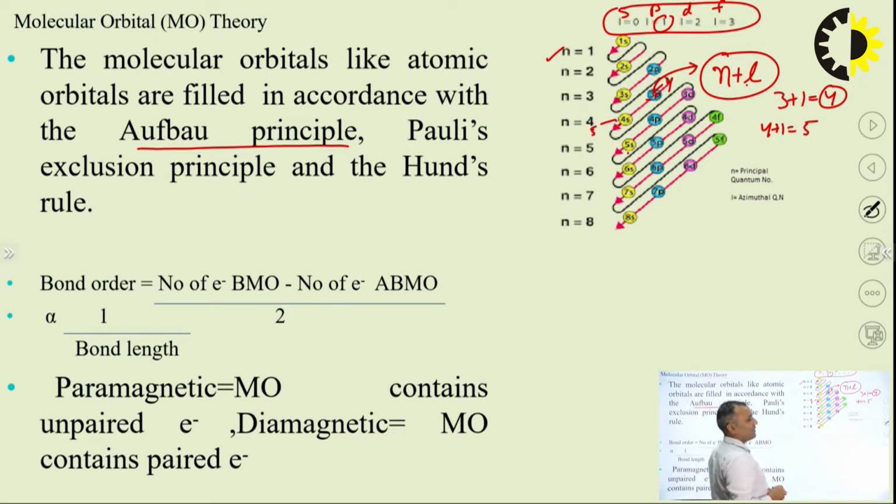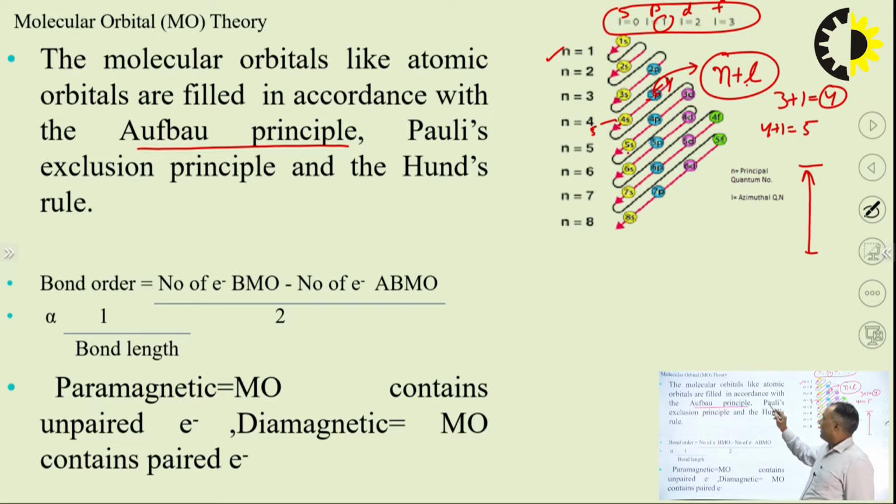So you can say the filling of electrons will be done in increasing order. That's why whenever we make a molecular orbital diagram, we use this arrow sign, meaning the energy of this region is very low while the energy of this region is very high.